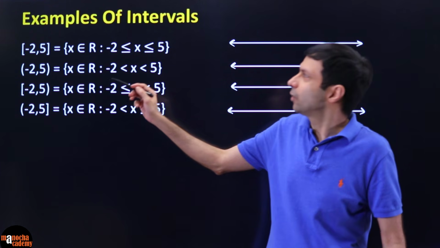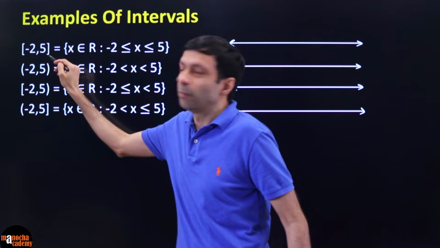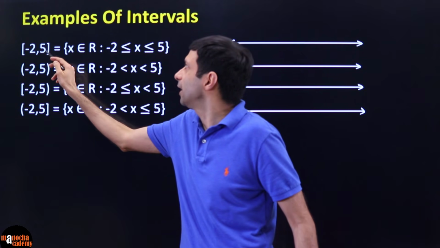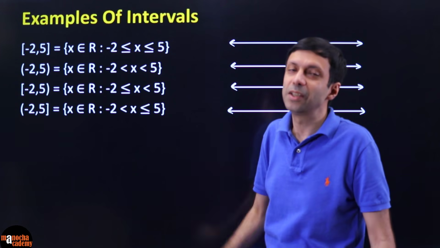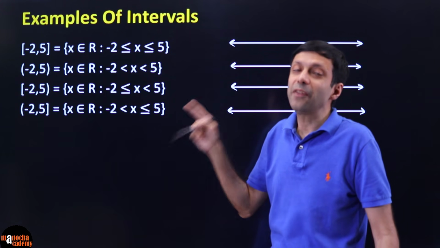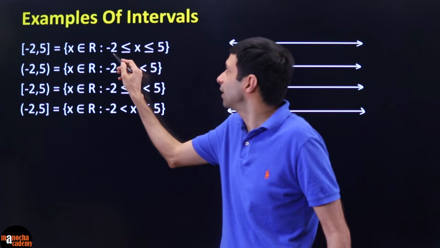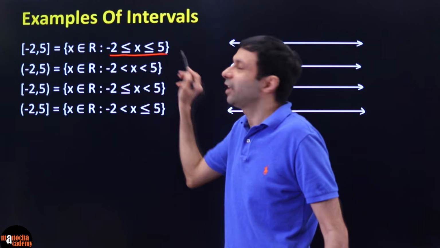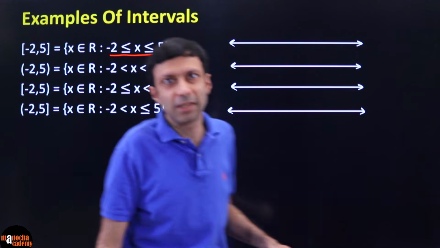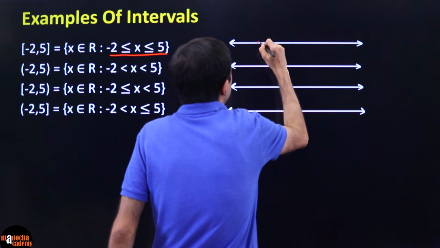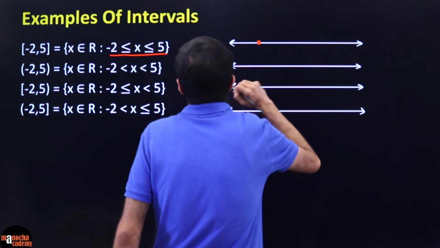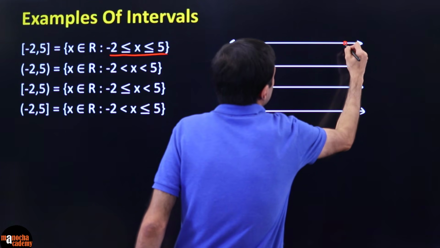So in the first case, can you see? We have the box bracket or square bracket, minus 2, 5. That means this is the range of all the numbers between minus 2 and 5 and including them, right? So greater than or equal to minus 2, less than or equal to 5. How will you represent this on the number line? Very simple. You will put a solid dot for minus 2 and a solid dot for 5.